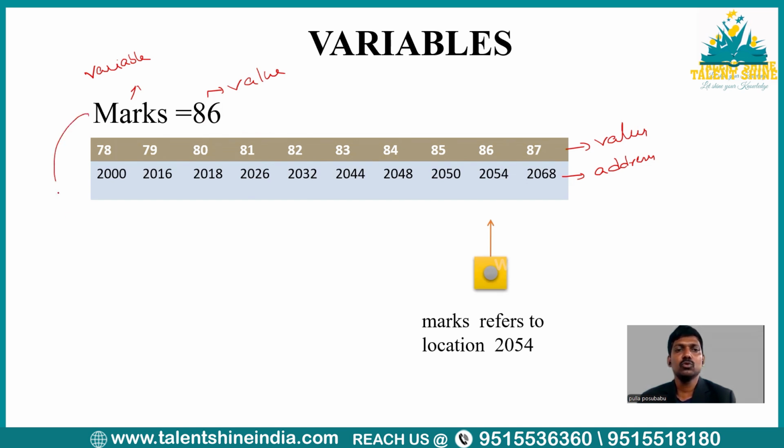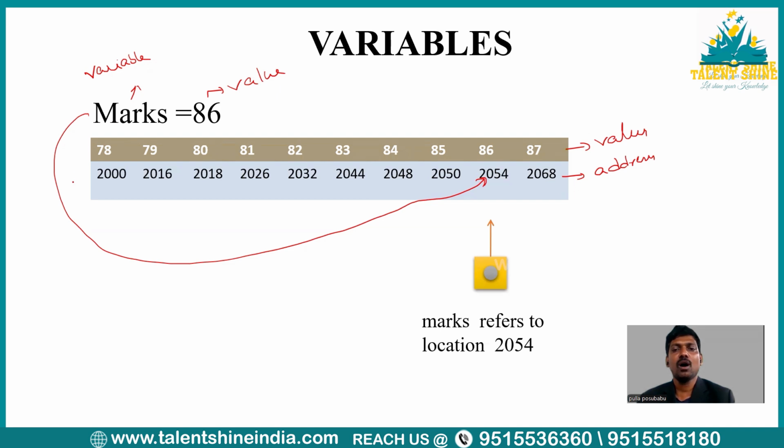It will move to the address where that 86 has been stored. Here the address is 2054. Generally an address is not a small four-digit number. It may have more than four digits, so it cannot be remembered. Hence we use a variable name. Instead of remembering 2054, which is the address, remembering marks is very easy.